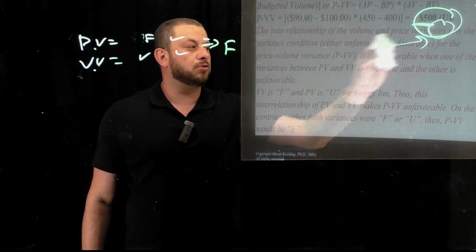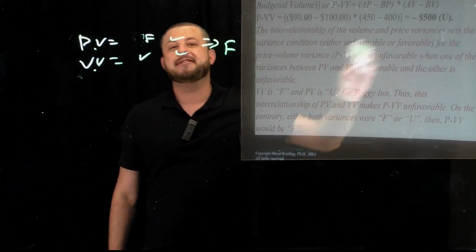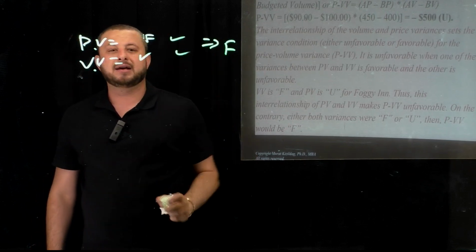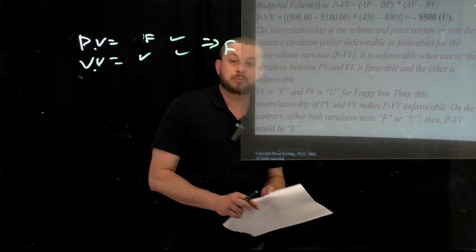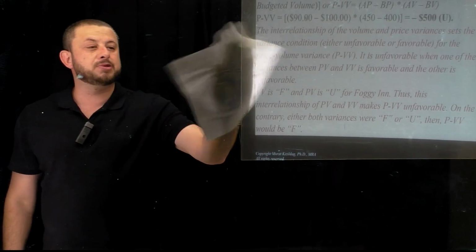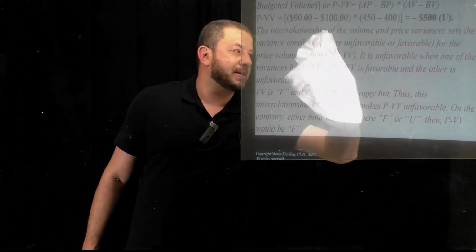In this case, for the revenues, we're going to take a look at PV and VV, and then based on their condition, we will decide the interrelationship, and then our judgment will be finalized. So this is what we're going to do for the expenses as well, guys.